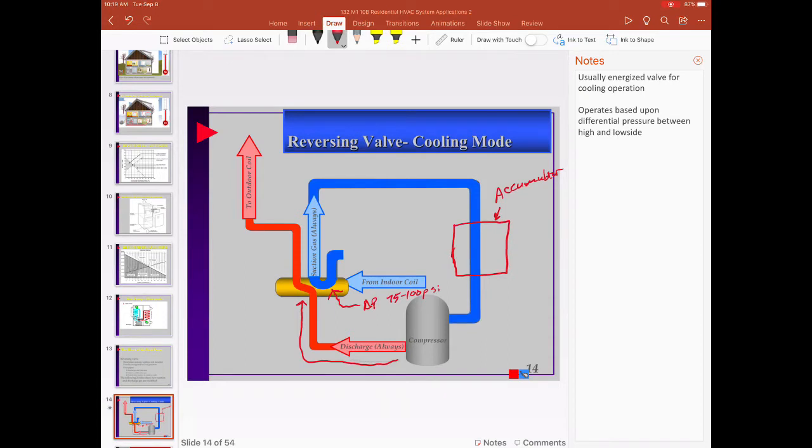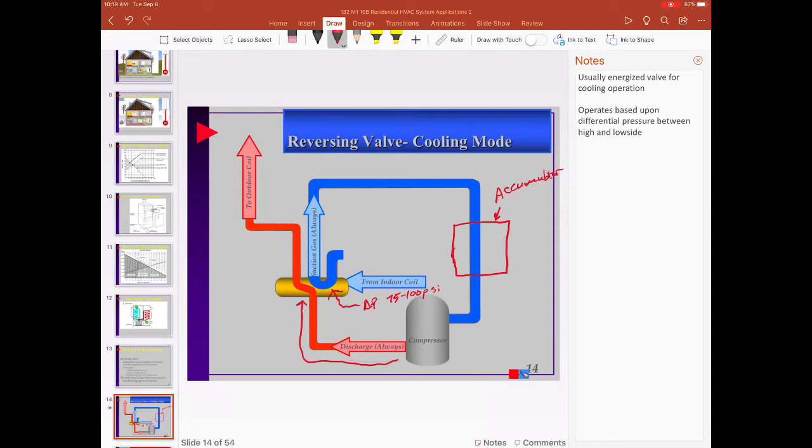Whether it's switching from indoor coil to outdoor coil is really dependent upon the mode. The other thing that you have to have is at least somewhere in that 75 to 100 psi differential to create the movement of the reversing valve.